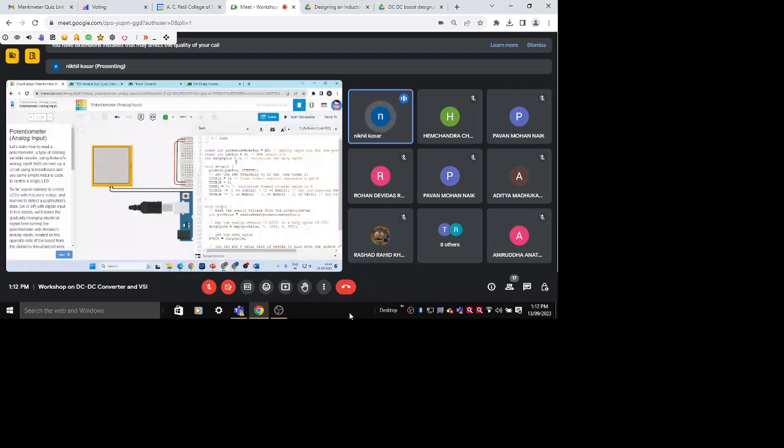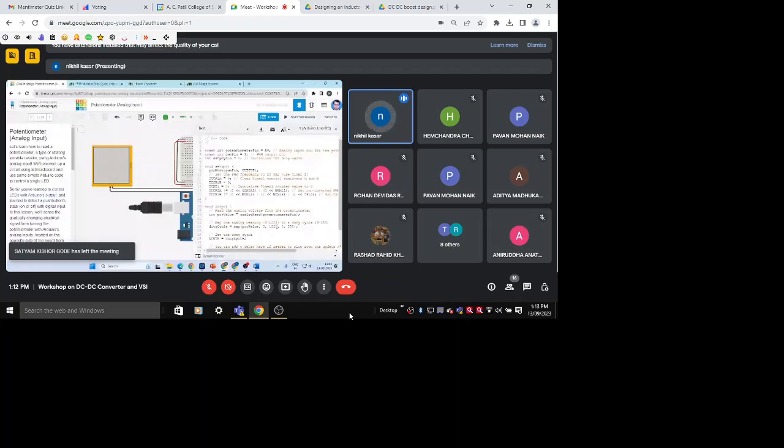So the 5 volts is mapped into 1023 values, that is the resolution. So these many values are mapped, and 255 means 1.